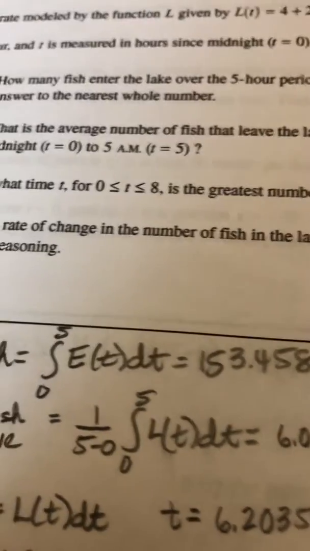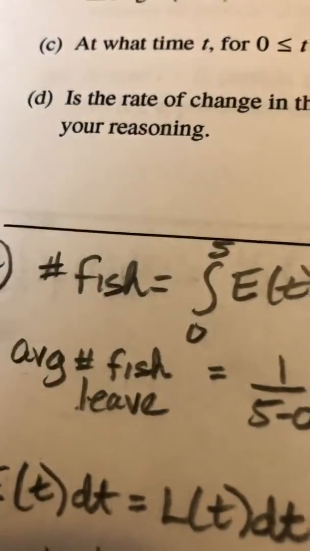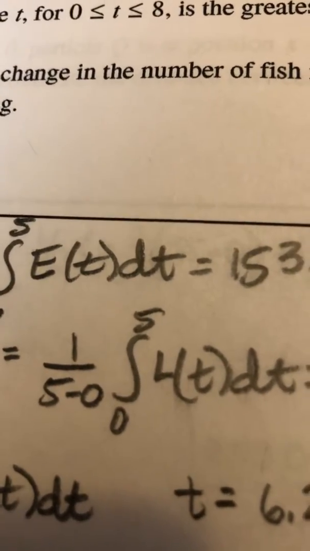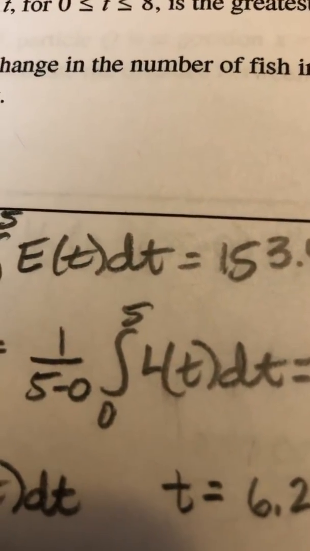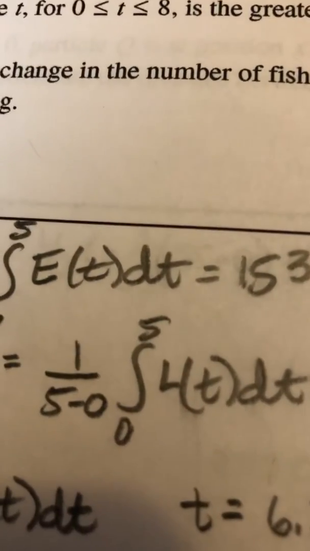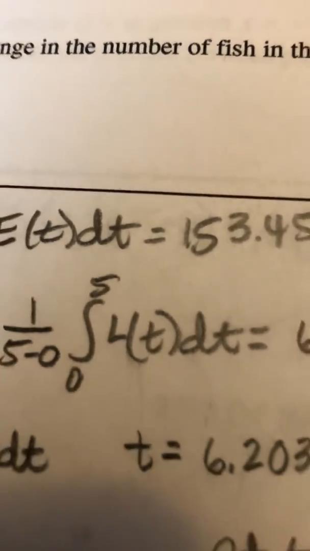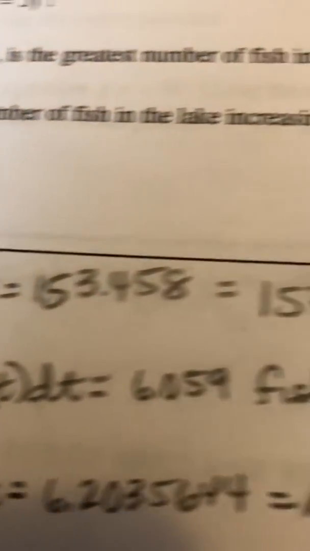We want the average value of that. Average value, remember, is 1 over b minus a, integral from a to b of whatever function we're finding the average value of. So in this case, 1 over 5 minus 0, integral from 0 to 5 of L of t dt. That's all you have to show for work.